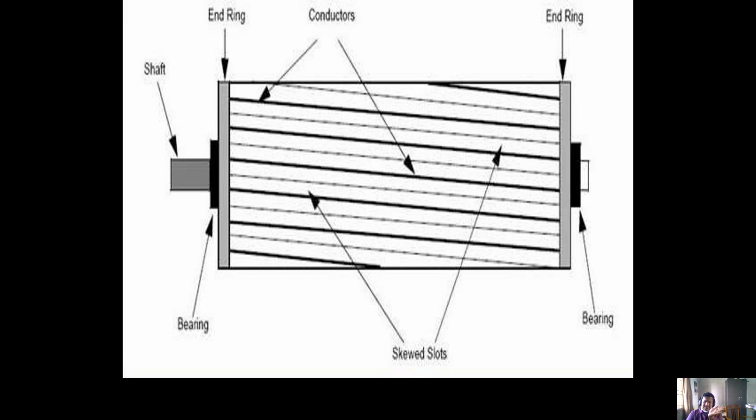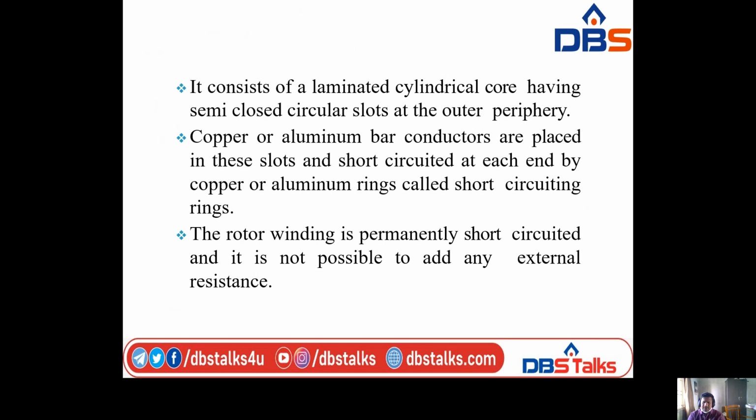Because of that inclination, we are getting the unidirectional torque. So the inclination of slots is also called skewing of slots. Because of that skewing of slots, we are getting the unidirectional torque that gives the motor continuous production of torque. That's why the three-phase induction motor is also called a self-starting motor or asynchronous motor.